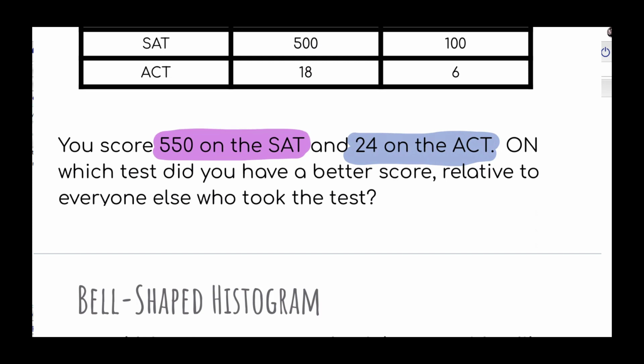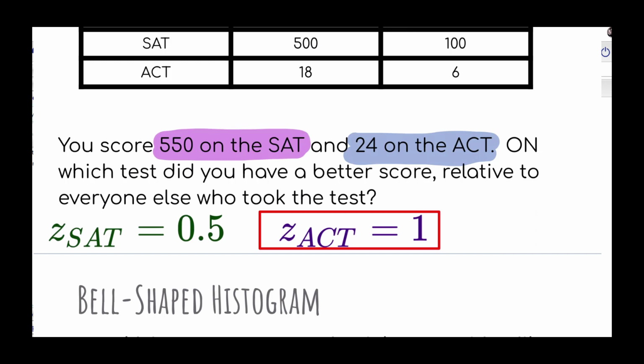hopefully you calculated these. And basically, it looks like the person who scored 24 on the ACT did better. The person who scored 550 on the SAT has a z-score of 0.5. So just if you were doing this real quick, you would have done 550 minus 500 over 100, and that ends up being 0.5. Had you done the ACT one, that is 24 minus 18 over 6, and you end up with 1.